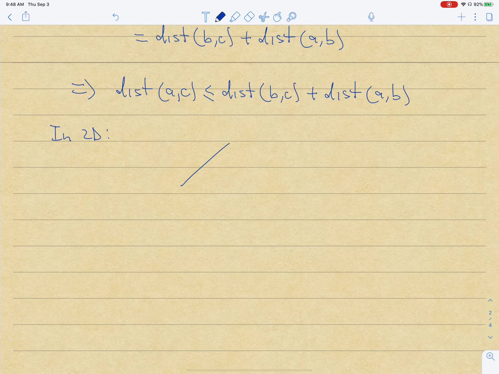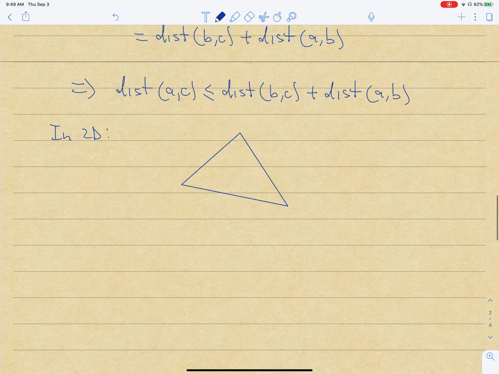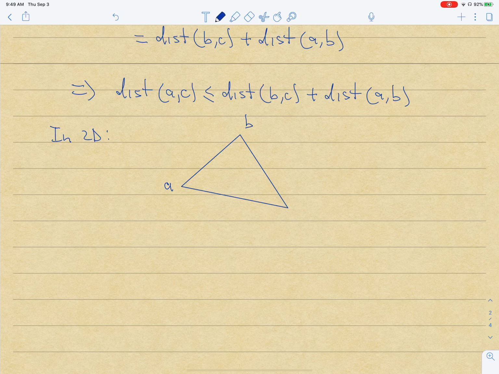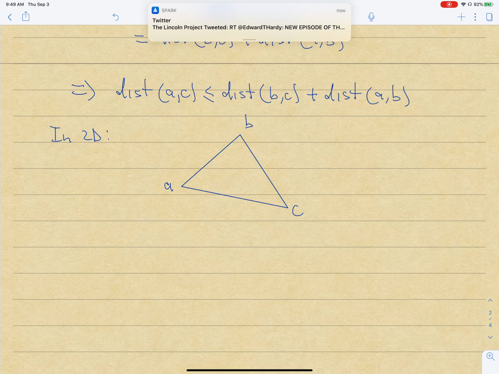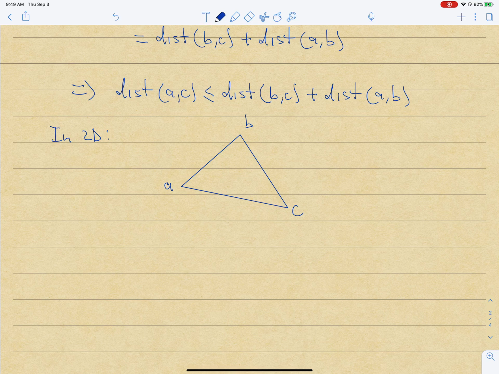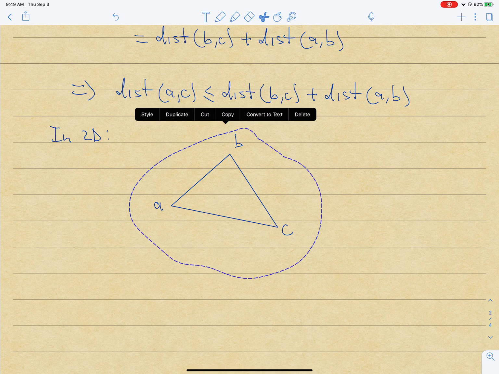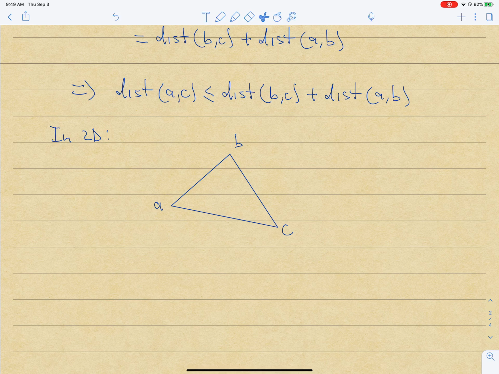If I have a triangle on a plane, and I label the vertices of this triangle as A, B, C, then clearly distance from A to C is going to be less than the distance from A to B plus the distance from B to C. So that's why this is called a triangle inequality. And apparently, as you can see, it is also true in 1D.